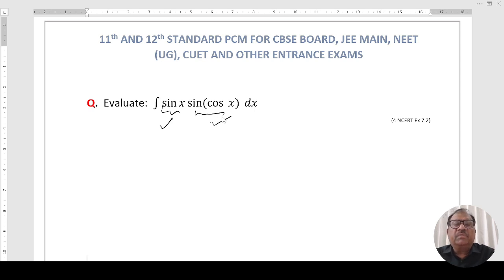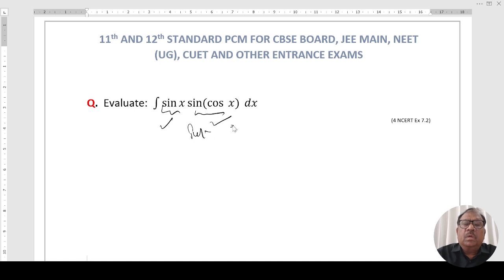So sin x dx will be equal to minus dt. This will become sin t. Sin t integration gives minus cos t, and the minus will become positive. Then this will become cos of cos x plus c as the answer. This I have discussed orally. Now I will be writing.